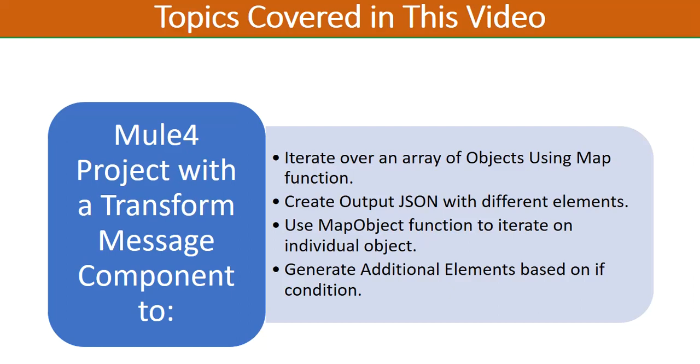And we will also see how we can use mapObject, and we will explain in detail, practically, the difference between the map and mapObject functions in DataWeave. And we will use an if condition, and based on the if condition we will see how we can make conditional element additions to the output JSON.